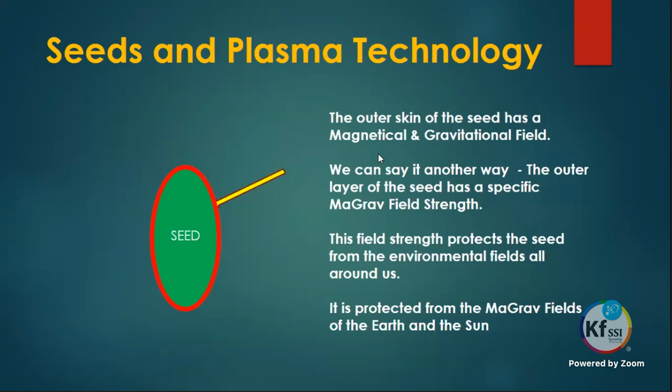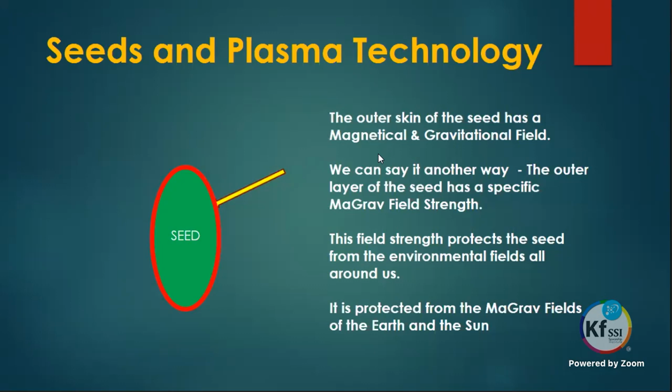Each seed will be different, but this outer layer has a specific magnetic gravitational field strength. And it's this field strength which protects the seed from the environmental fields all around us.